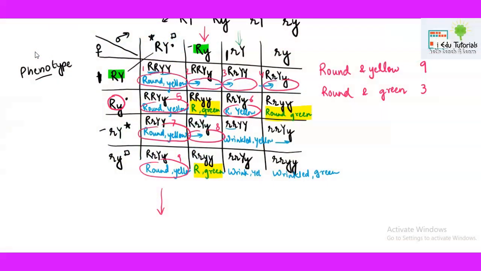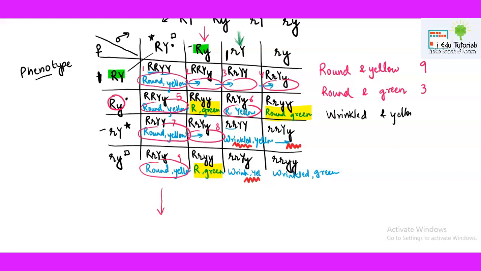In the third column, which I am marking with the green color, the first 2 individuals are already counted. Now we have to come to this one. This is wrinkled yellow. This is also wrinkled yellow, and this is also wrinkled yellow. So our next phenotype is wrinkled and yellow.